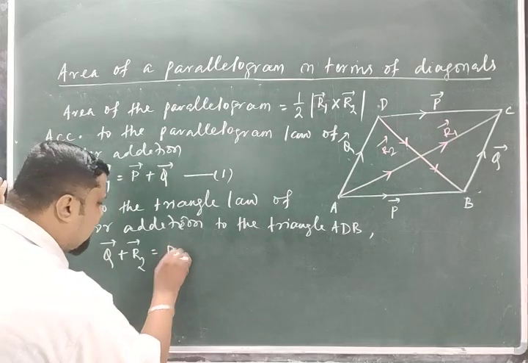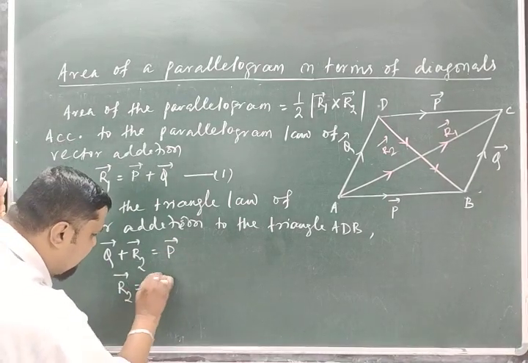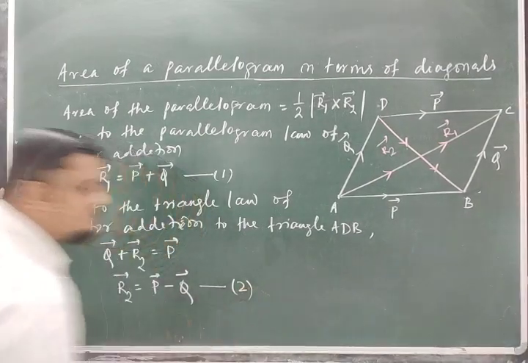So Q plus R2 is equal to P, so R2 is equal to P minus Q.